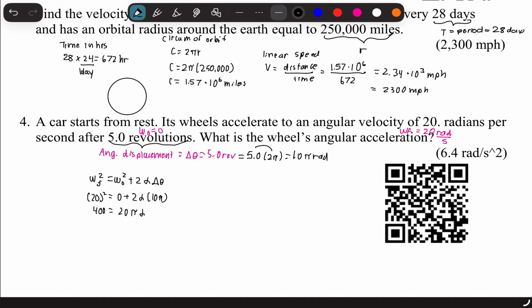Then if we divide, the acceleration is going to be equal to 400 divided by 20 pi. I'll just write that cleaner: this is equal to 20 over pi, and that's going to be equal to 6.4 radians per second squared. These are the right units for acceleration, so that's how we know our answer is right.